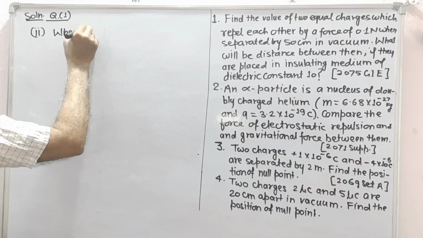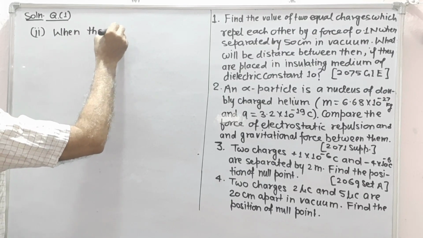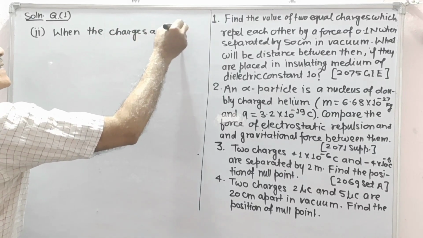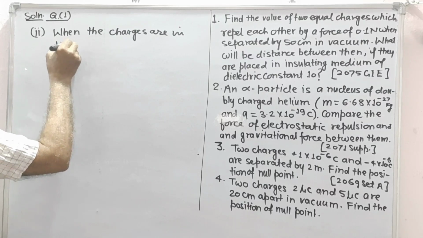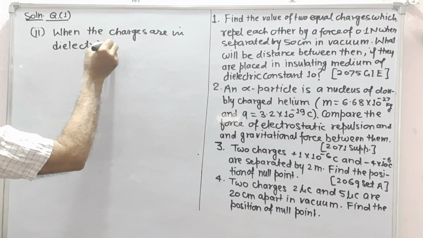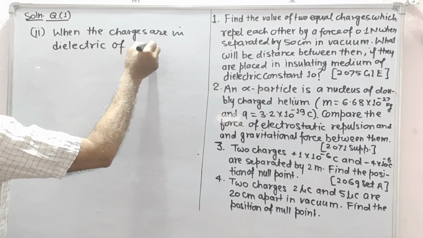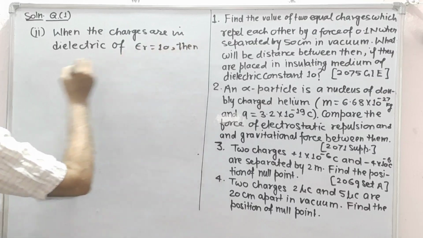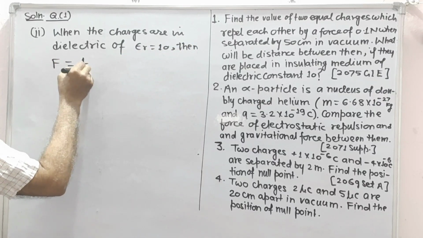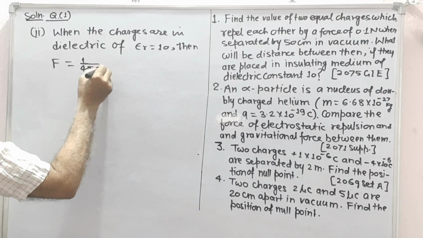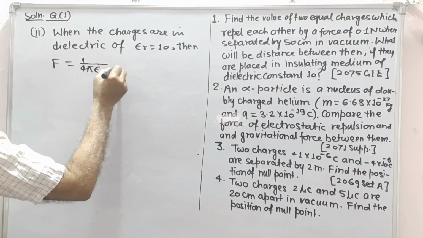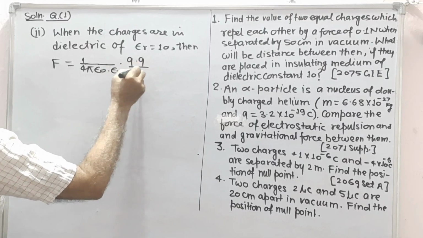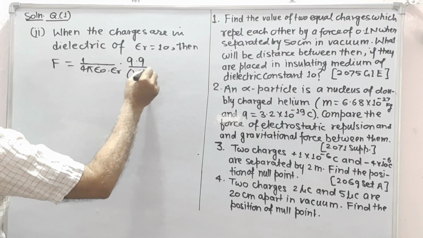Now second part, when the charges are in dielectric of dielectric constant epsilon r is equal to 10, then force F will be equal to 1 upon 4 pi epsilon naught into epsilon r into Q square upon r dash square.